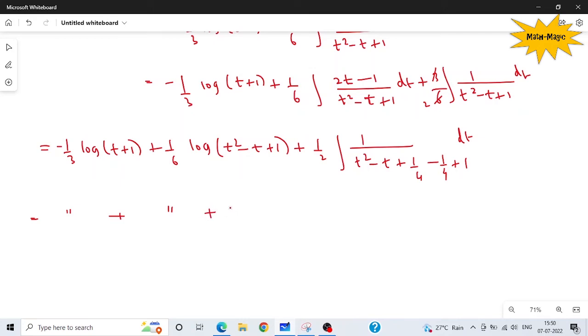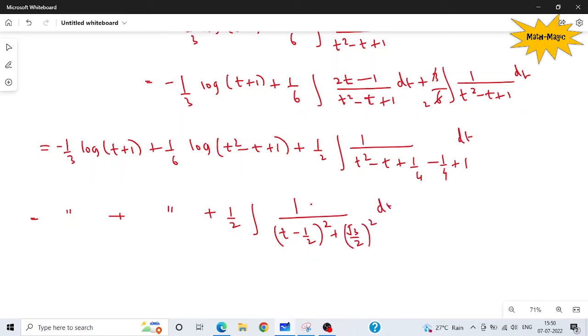Okay, then the initial terms are already in the simplified form, so let's write as it is, then plus 1 by 2, the third term we are solving, 1 by 2 integration of 1 upon (t minus 1 by 2) the whole square plus 1 minus 1 by 4, that's 3 by 4, so we can write it as (square root of 3 by 2) square dt.